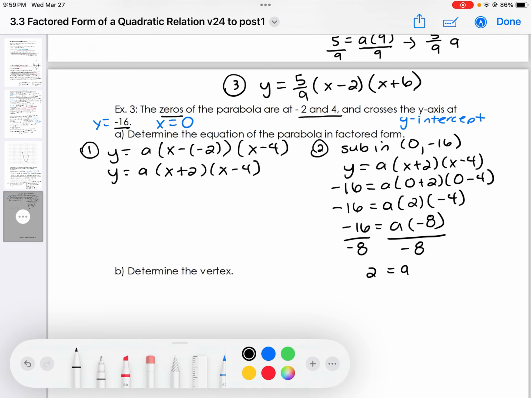A is going to be +2. So now we're starting to get on the track where, okay, maybe we could graph this parabola. An A value of 2 is a lot nicer than 5/9. Okay, and we have our equation in proper form, in factored form. And that is what we were asked for.